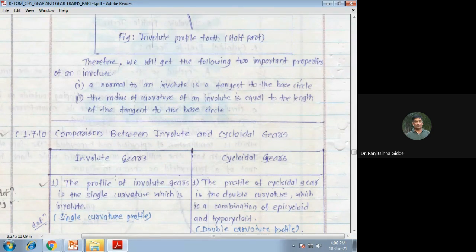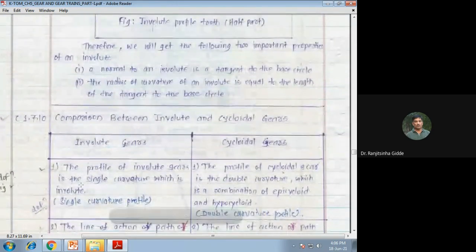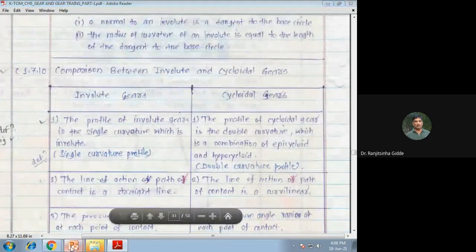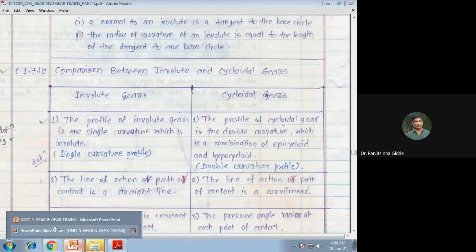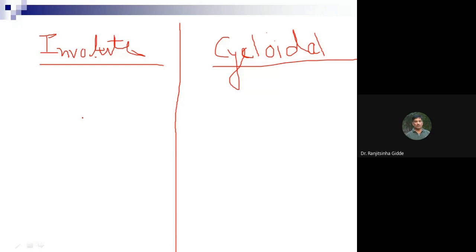Okay, so write down the first difference. Just I will shift to the slide. Right, here number 1. Then we will write for this number 1. So write here, first difference.